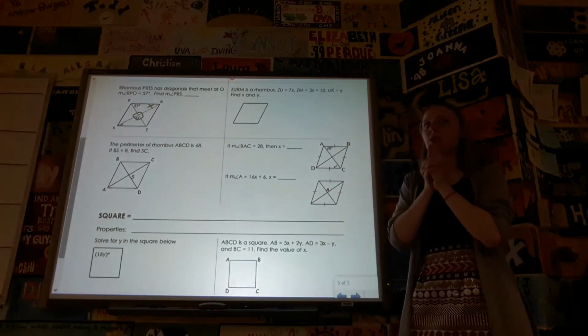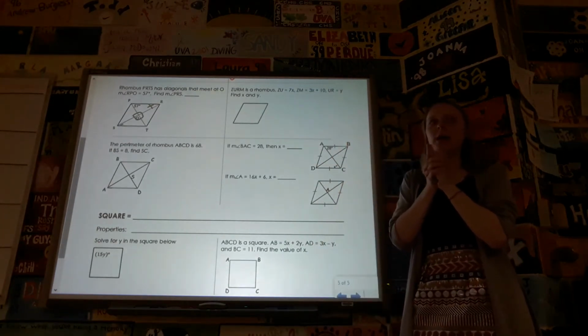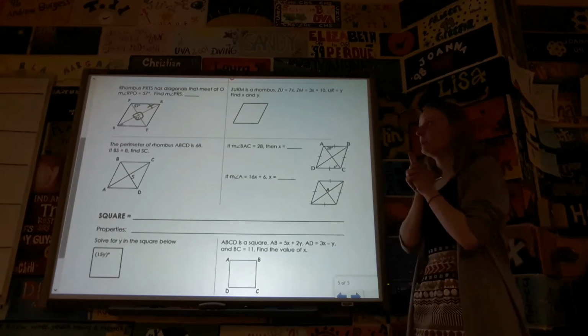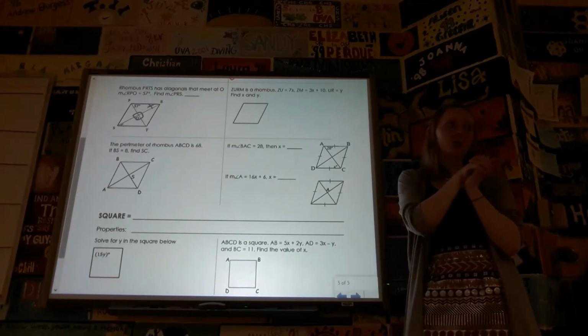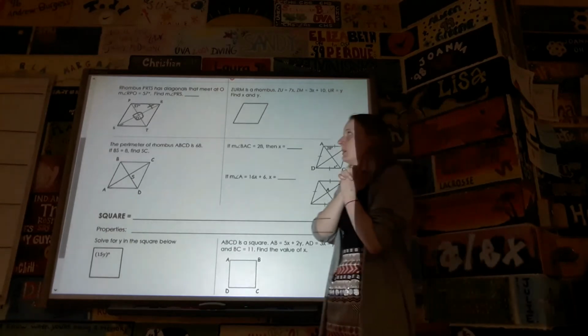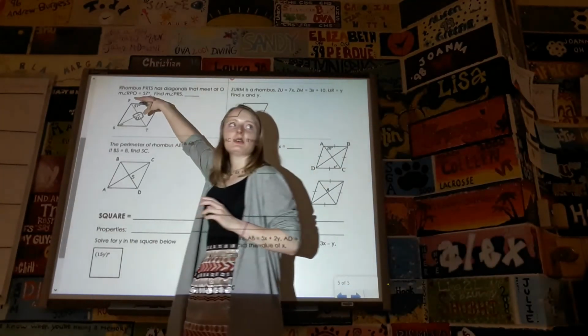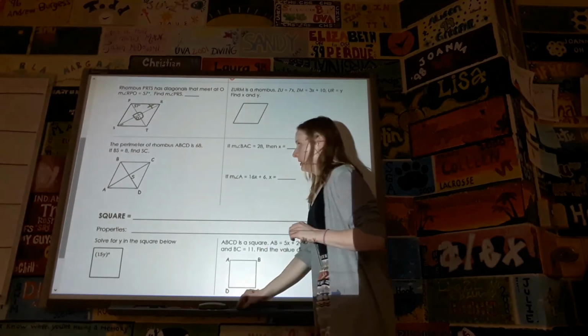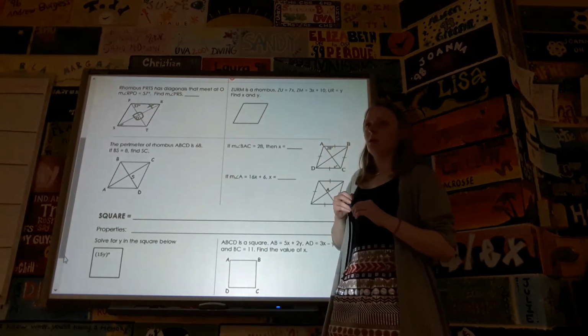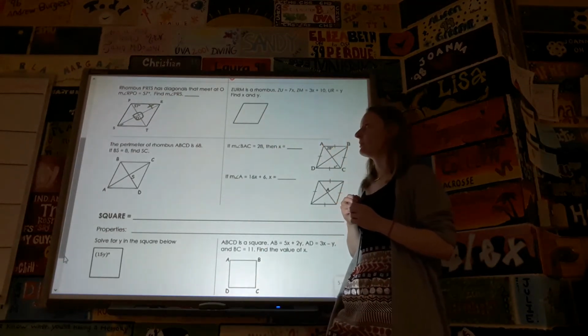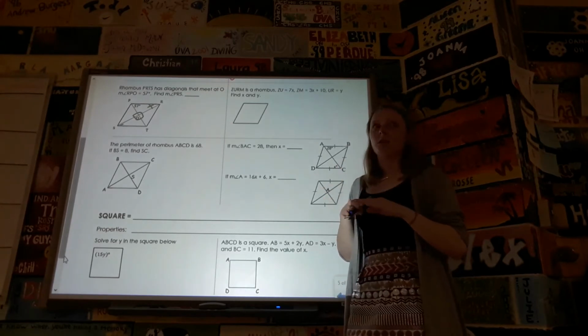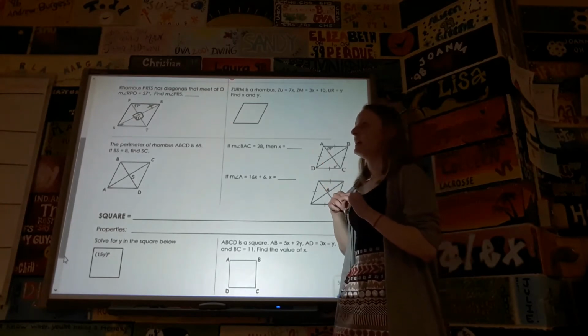Remember, what shape do you want to look for? Triangles. Not isosceles, because we don't know that the diagonals are equal. That's only for a rectangle. The isosceles are half of a rhombus, not a fourth of a rhombus. What triangle would I use to help me solve? Name it.